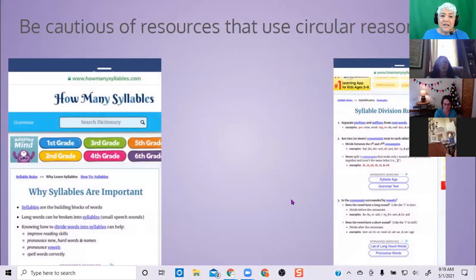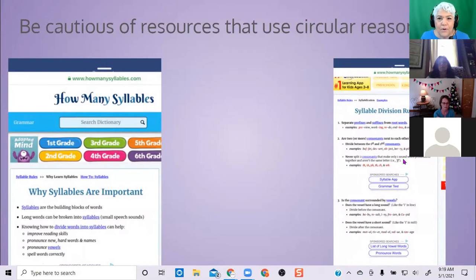Many instructions on syllabicating have the circular reasoning. And if you see that, please be very careful. So this site said that we need to syllabicate because it helps us to pronounce words. But how do you syllabicate? This is the same site. How do you syllabicate? Well, if the vowel sound is long, you split after that long vowel.